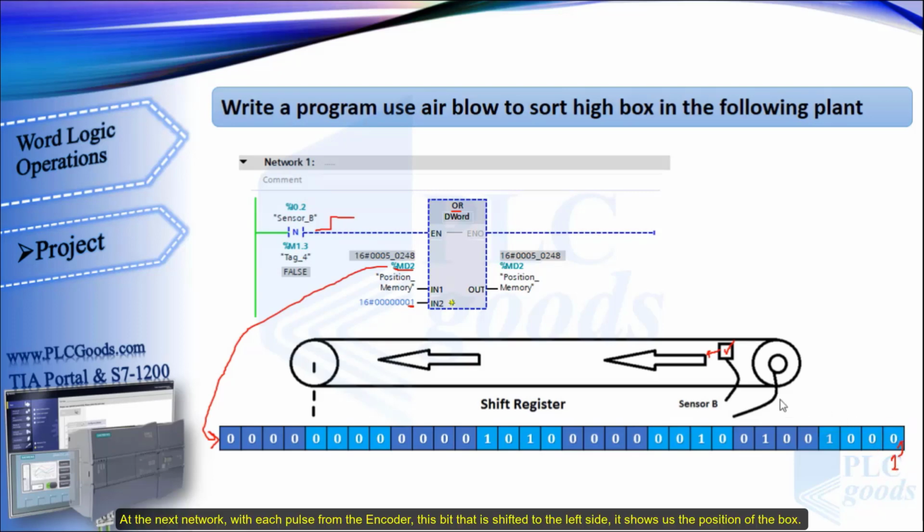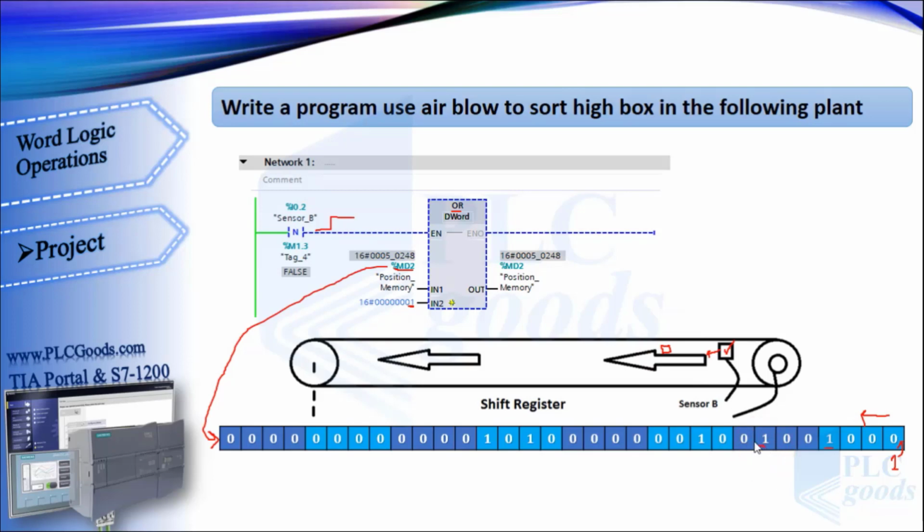At the next network, with each pulse from the encoder, this bit is shifted to the left side, and it shows us the position of the box. For example, if a box reaches the air blower, this bit will be 1.